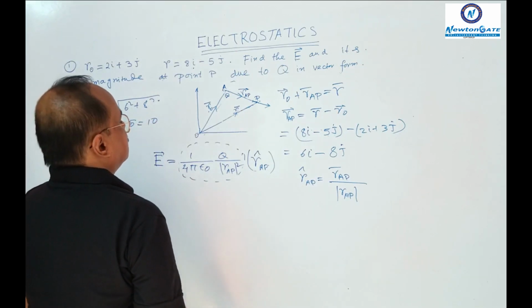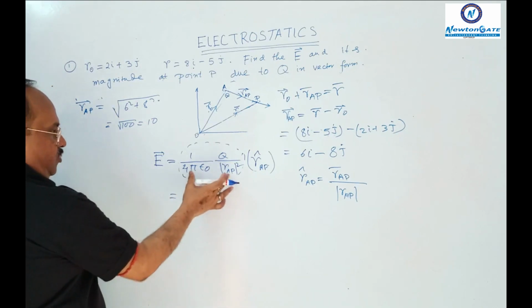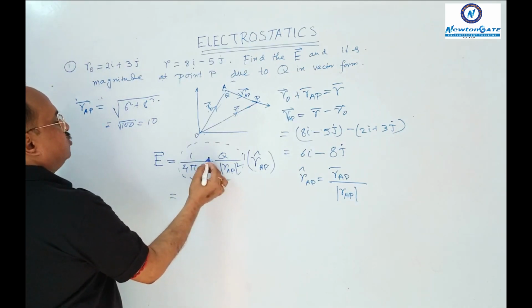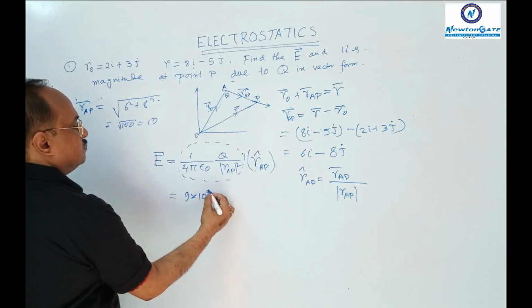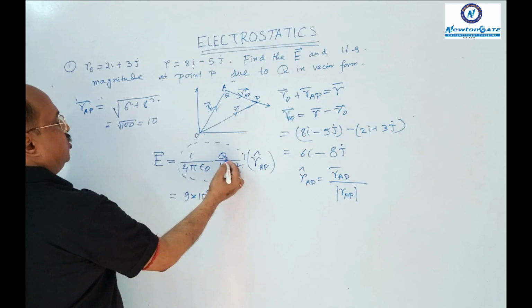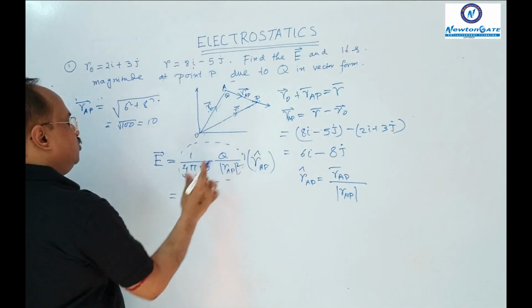So let's come back to our problem, that is 1 by 4 pi epsilon naught. You know the value of it, 9 into 10 to the power 9. I am not giving the value of Q, it will make it more complicated, so let us keep this Q as Q.